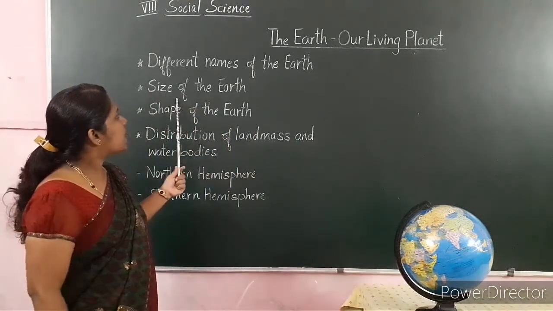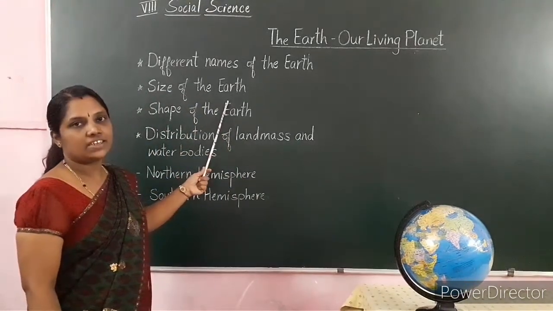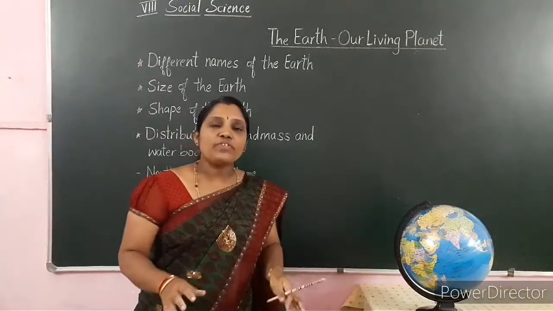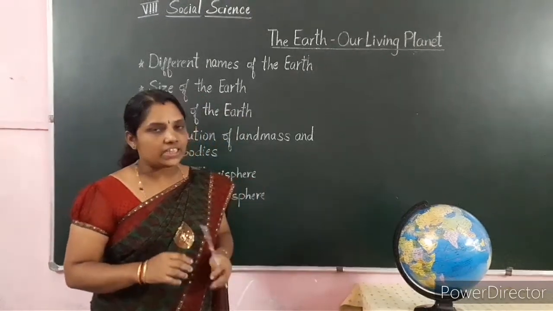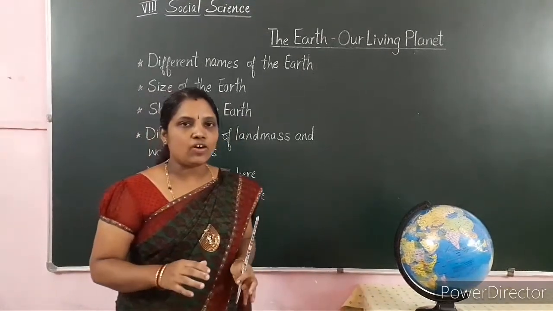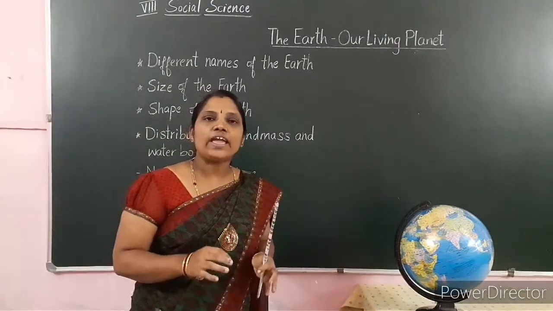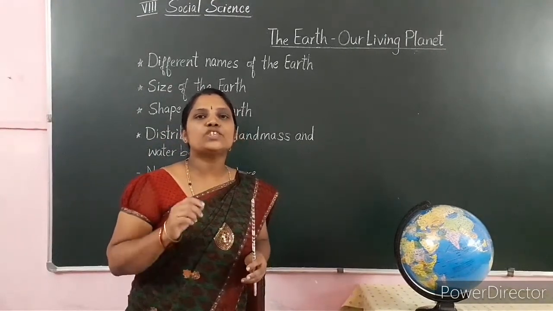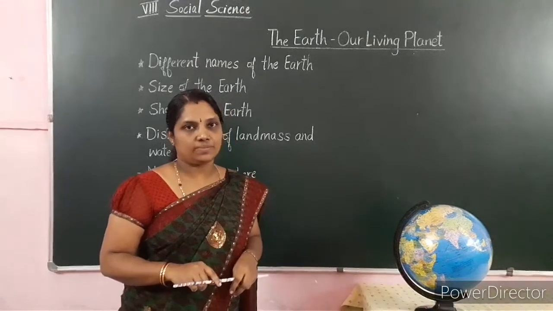Next one, size of the Earth. The geographical area of the Earth is 510 million square kilometers.